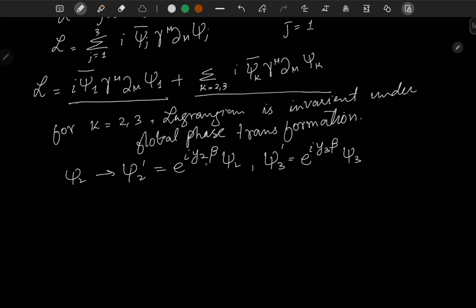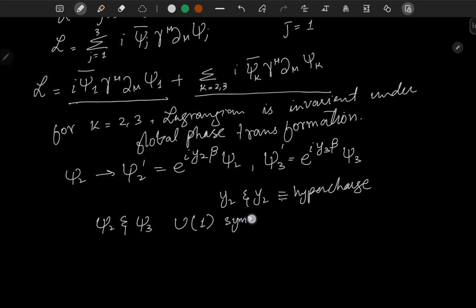Here y2 and y3 represent hypercharge. Moving on, one more thing is that psi2 and psi3 will follow U1 symmetry.